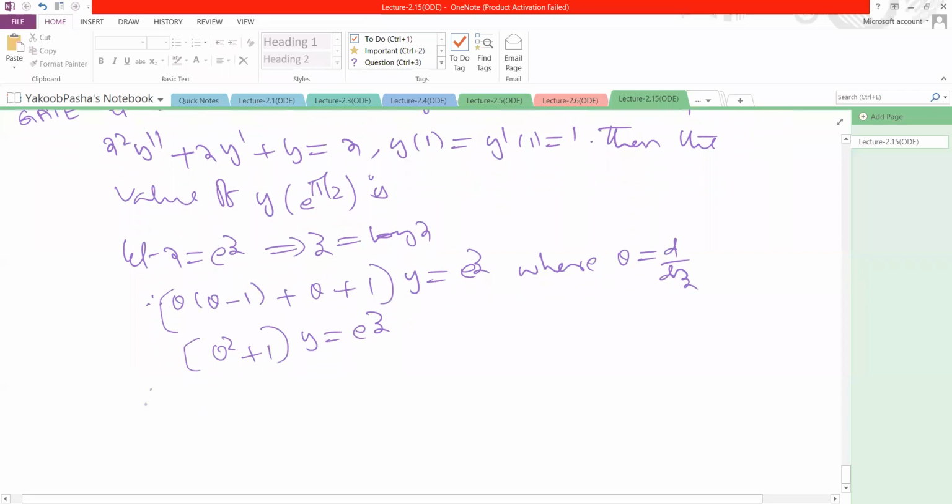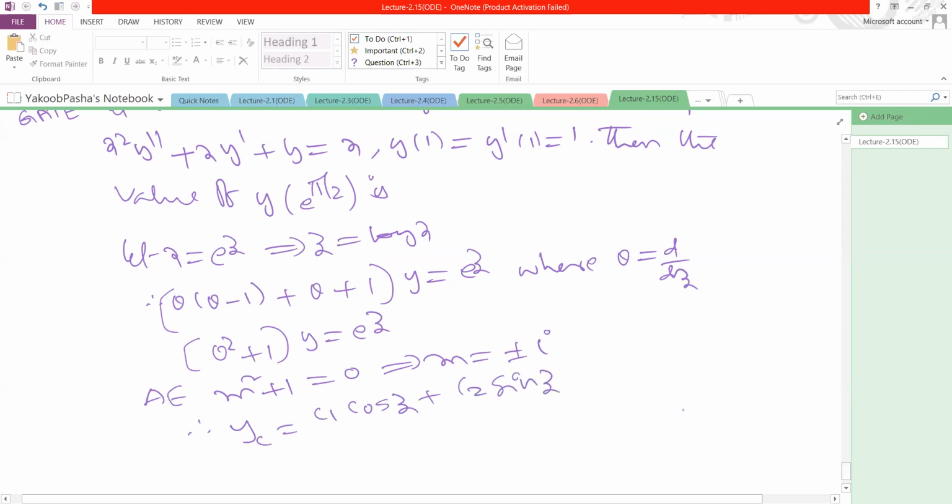So take the corresponding auxiliary equation. m square plus 1 is equal to 0, that is m is equal to plus or minus i. Therefore, the complementary function is C1 cos z plus C2 sin z.